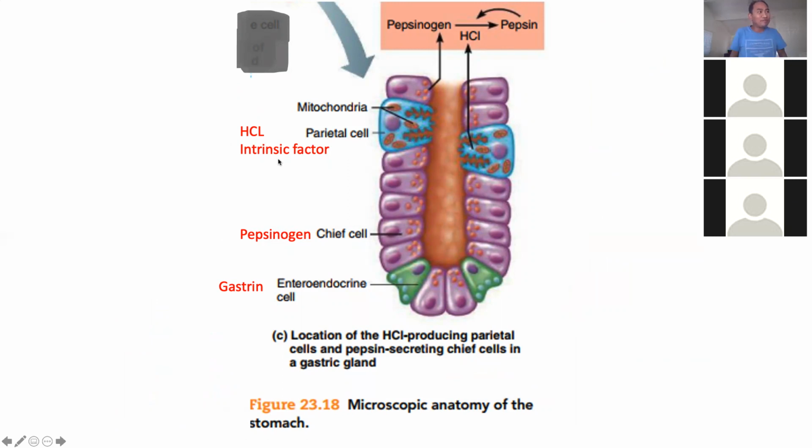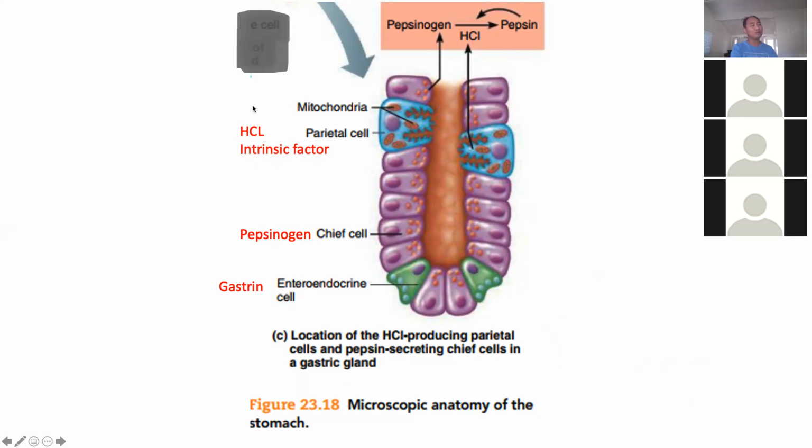You will have to study this in physiology as well, so it is worth remembering, because when it comes to physiology, you will study the same thing. So parietal cells secrete hydrochloric acid and intrinsic factor.